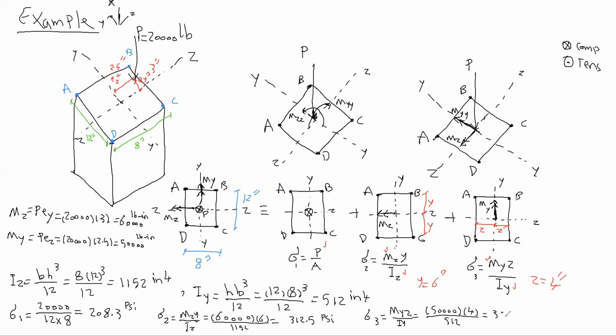It's 390.6 psi. Okay, now we find everything. We find sigma 1, sigma 2, sigma 3. And now we want to go one by one. For A, which one is positive, comparison, which one is tensile, and then add or subtract.